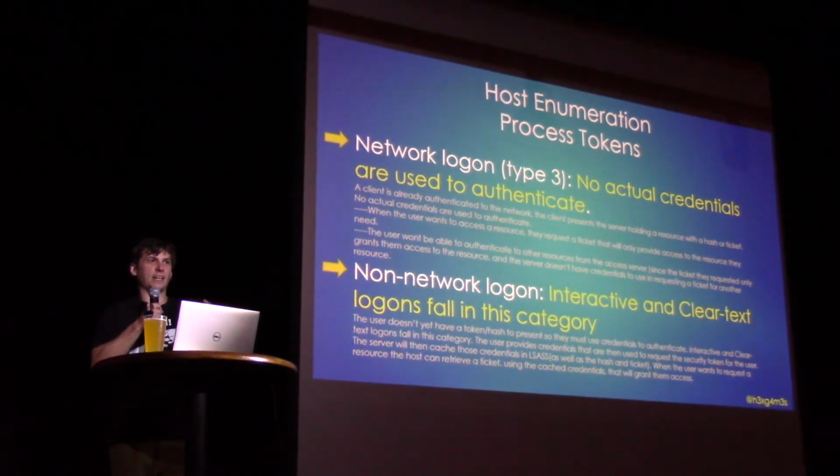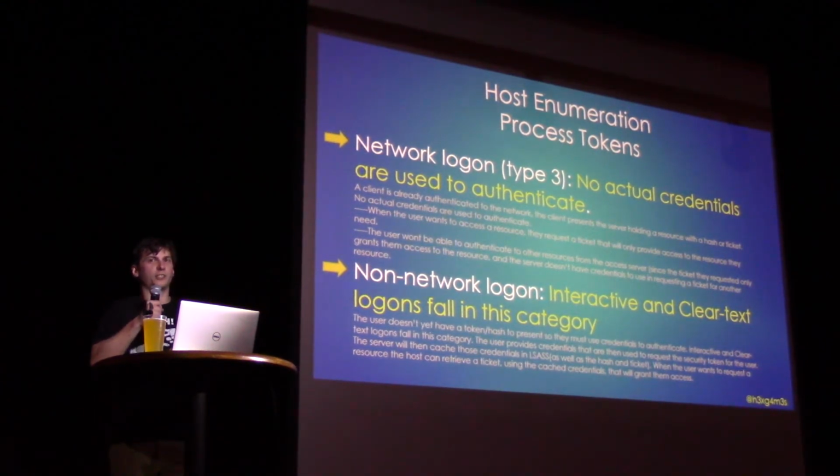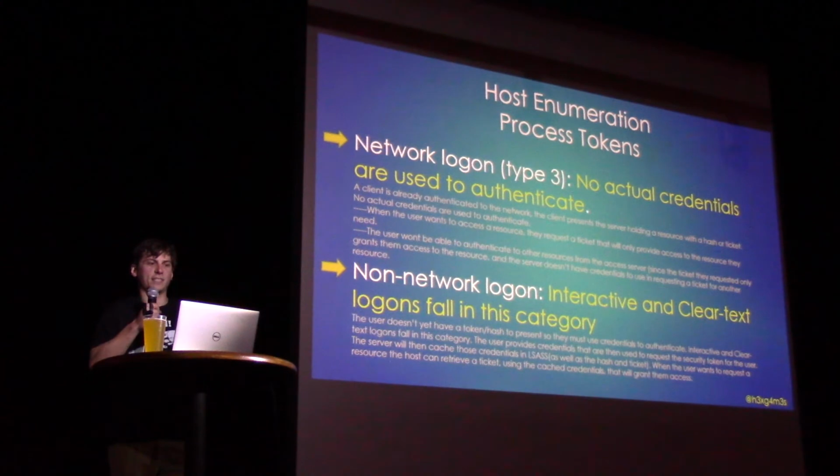You don't already have the rights to get that access, so you have to type in credentials that'll give you a ticket so you can access the thing. Network logons are like if you have shares mapped and you can just go access those resources. Your user's already got a token that will access that, so I don't need my creds to get a new token to do that.